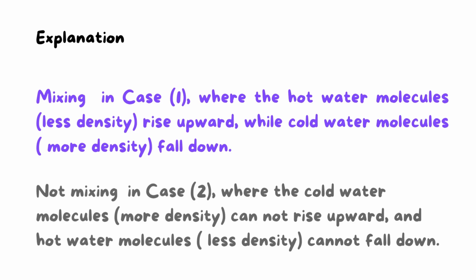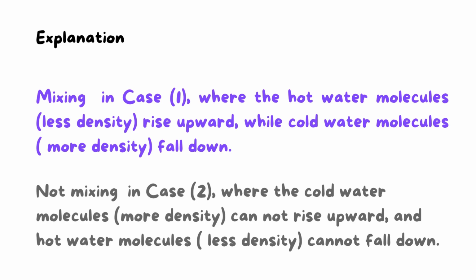So, the explanation here, in case 1, is that the hot water molecules, which are lighter and have less density, rise upward, while cold water molecules, which have more density, fall down. So the red and blue water are mixed, producing this purple color, okay?